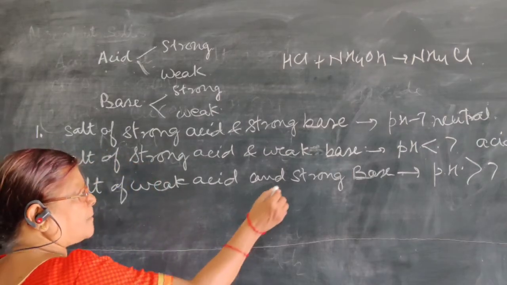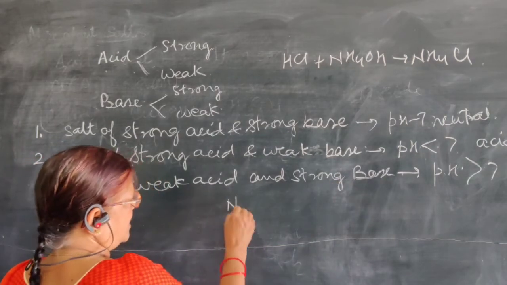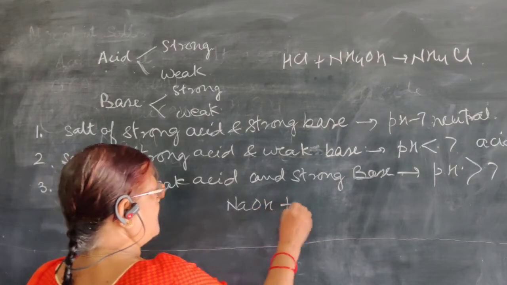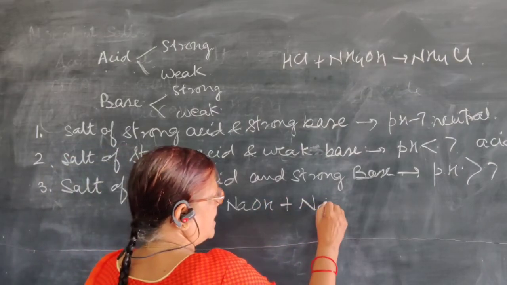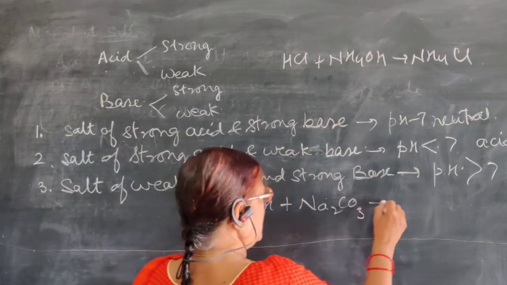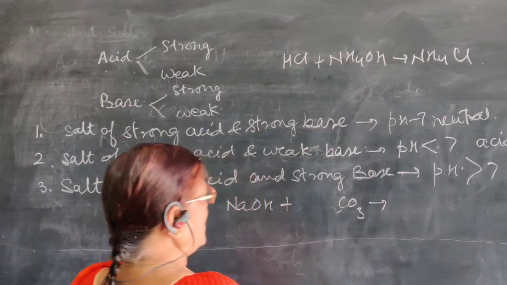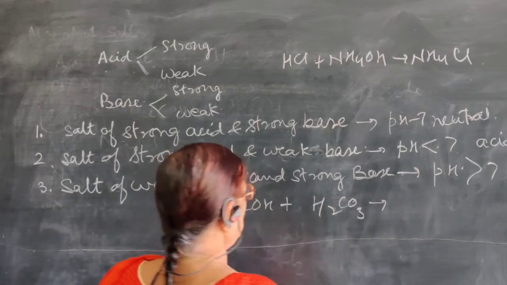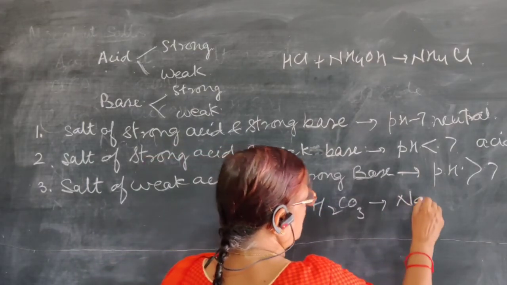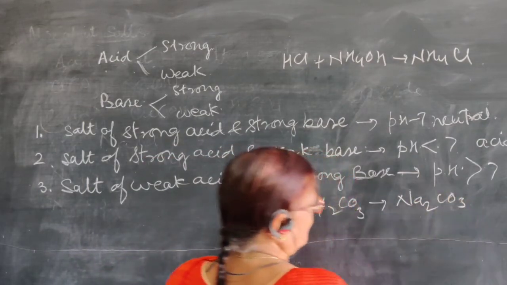We can take the example here: the base is strong, NaOH, and the weak acid is H2CO3. The salt formed is called Na2CO3, sodium carbonate.